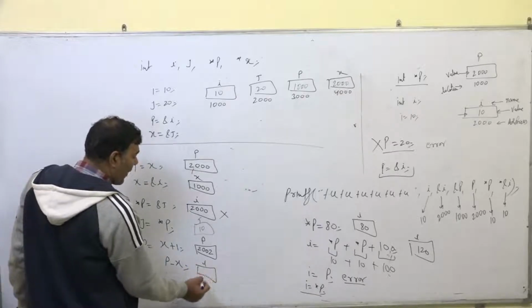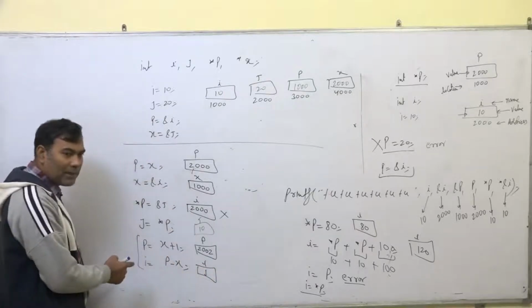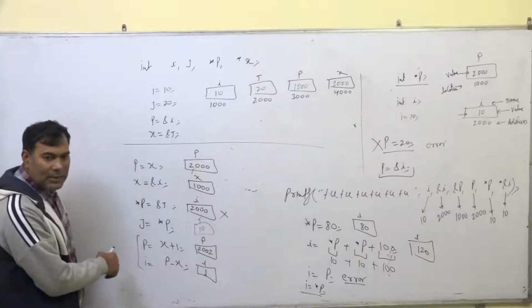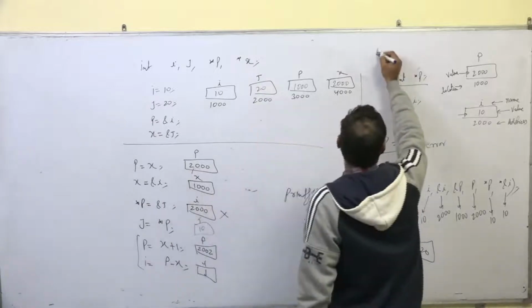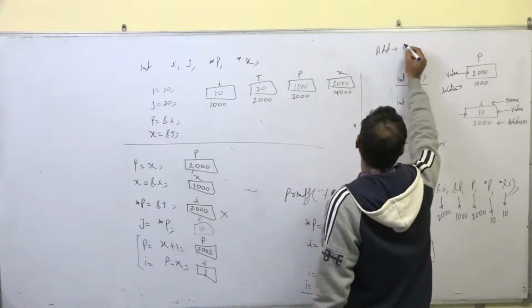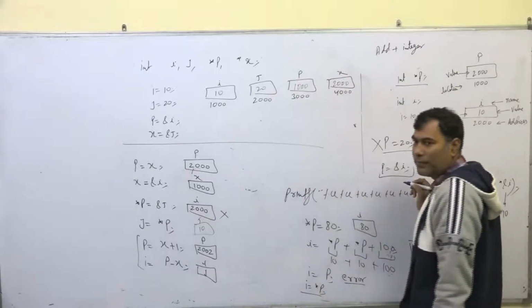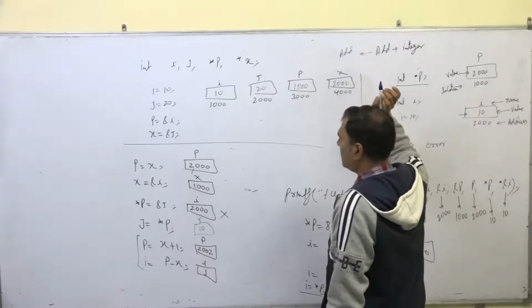So now the question is what kind of arithmetic operation you can perform, and also what is the result of the expression. Here you can add an address with any integer. Got it? And the result is always an address.